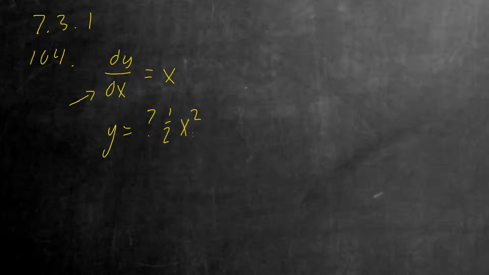So can you see it now? If I derive y, which is 1/2 x squared, do I get x? Sure. And then the other part of the question was, is there more than one possible solution? What do you think? What if I put a plus 5 here? Does my derivative change at all?